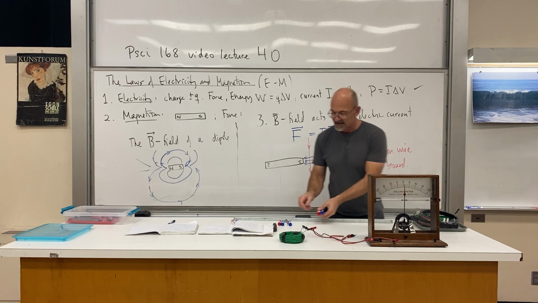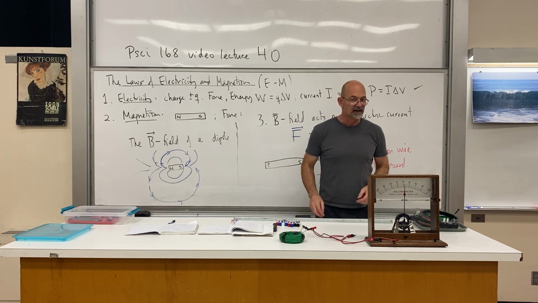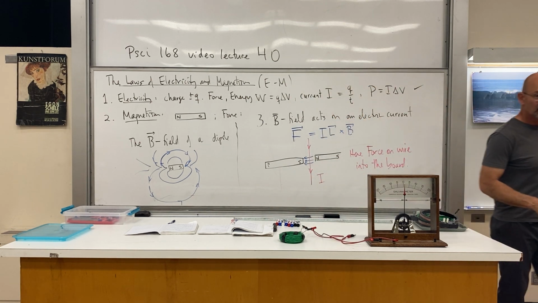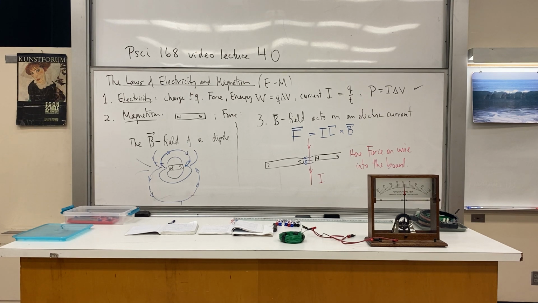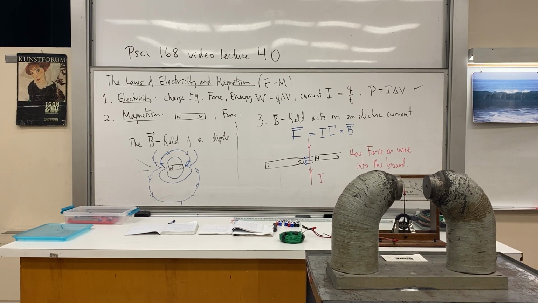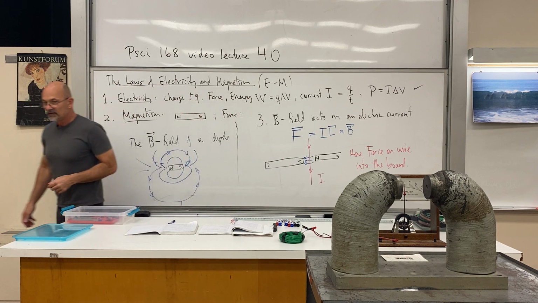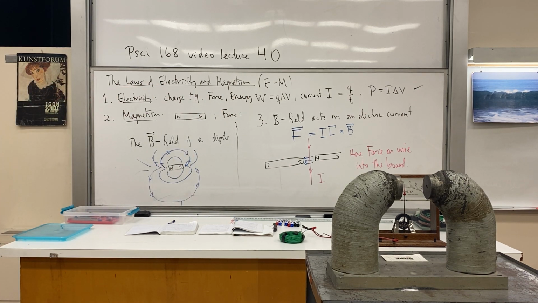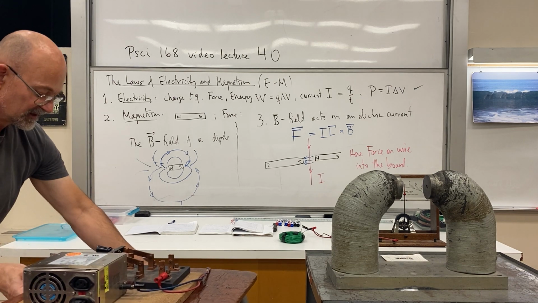So let me see if I can set this up and make it look like something. So I'm going to wheel this big old magnet into place. And I'll control that in a moment. See what we can see through this camera. And here I have a device that's going to give me a current.